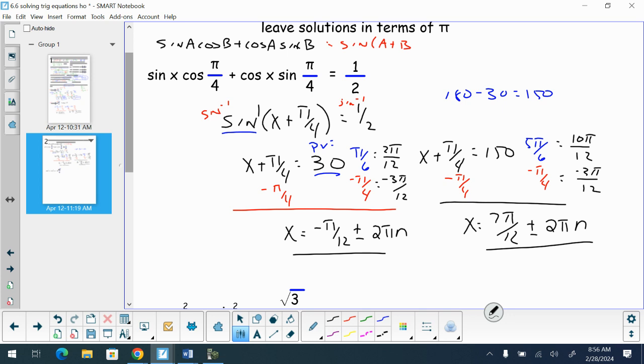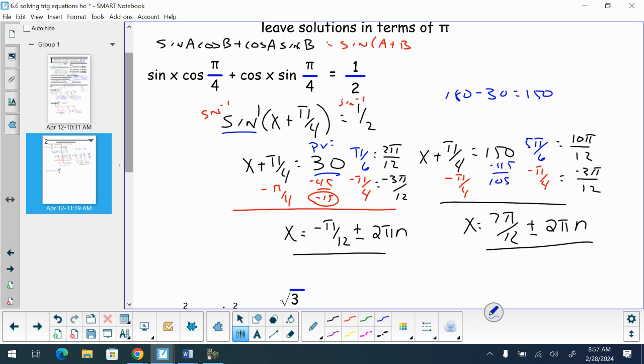Once again, if you want to keep it in degrees, 30 and subtract off 45 degrees, we have negative 15 degrees, and that negative 15 degrees will convert back to negative pi over 12. And likewise over here, if I subtract off 45 here, we would get 105 degrees. And if I convert that back into radians, I'd have 7 pi over 12.